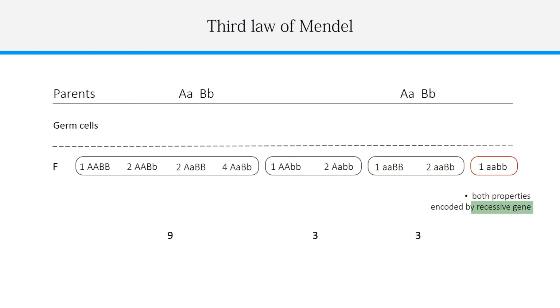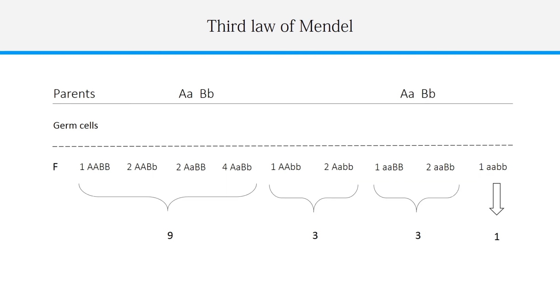And the last possibility that is highlighted here in red color, in this case, such an organism that received this combination of genes, where both allelic genes A are recessive and both allelic genes B are recessive, in such a next generation organism, development of both properties will be guided by expression of recessive genes, and it will be one possibility out of all that we see here.